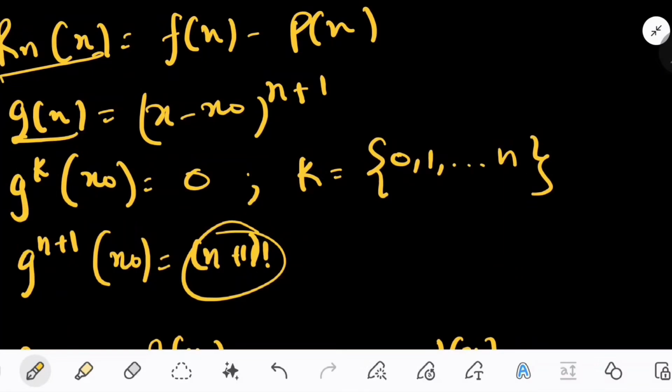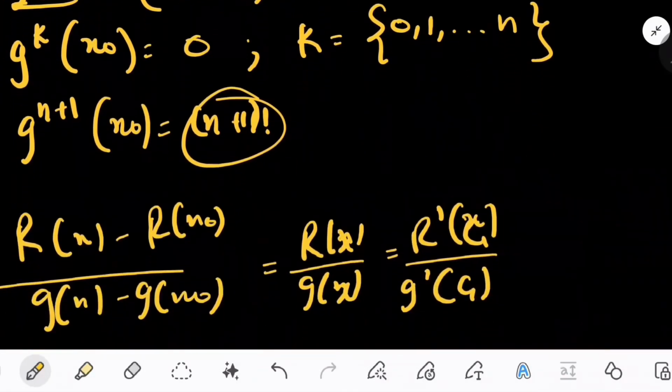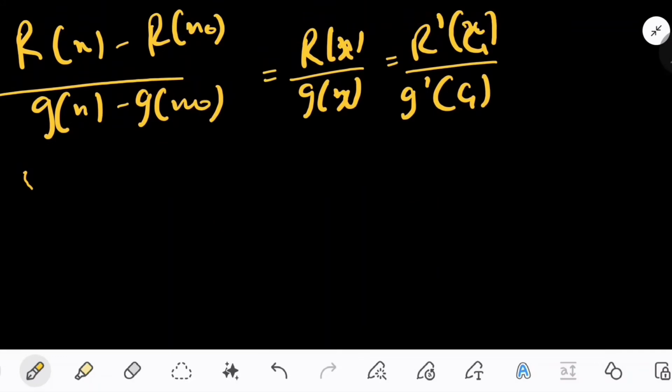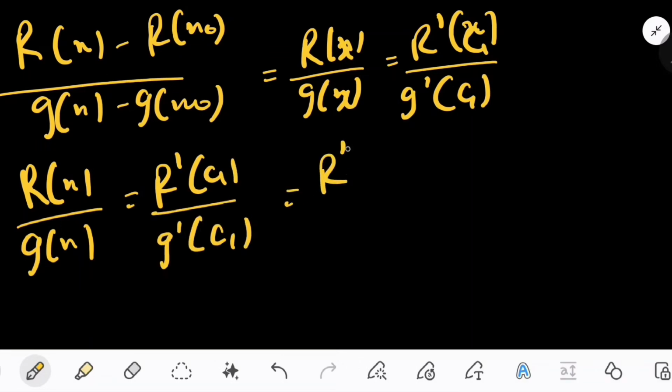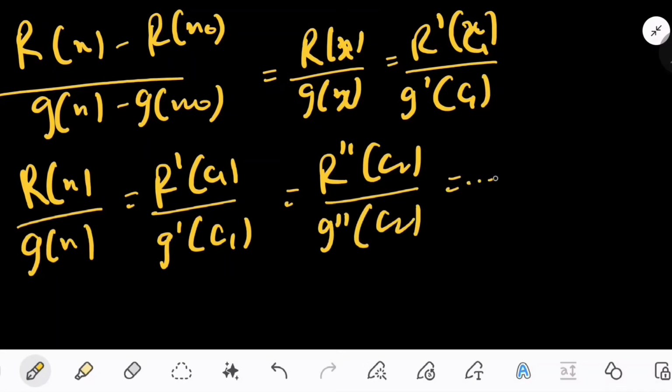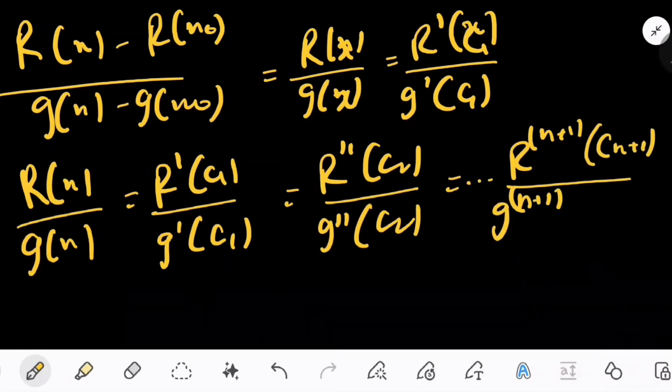And why have I assumed it? Well, it's just an assumption and you will see it later, okay? So r of x by g of x, you assume r dash of c1 by g dash of c1 is equal to r double dash of c2 by g double dash of c2, and you can go up to r of n plus 1 derivative of c n plus 1 by g of n plus 1 of c n plus 1, right?